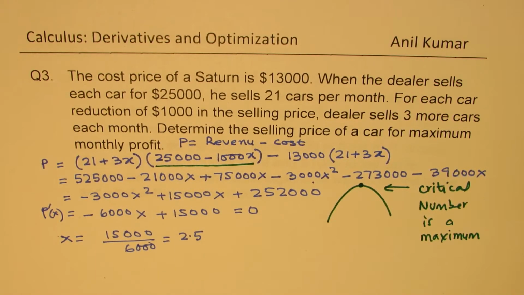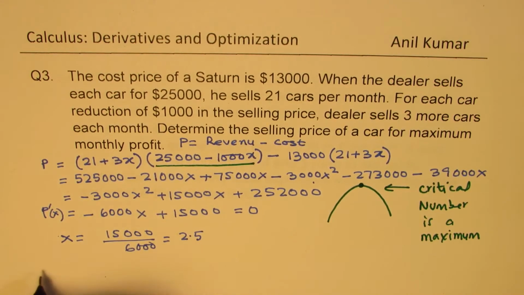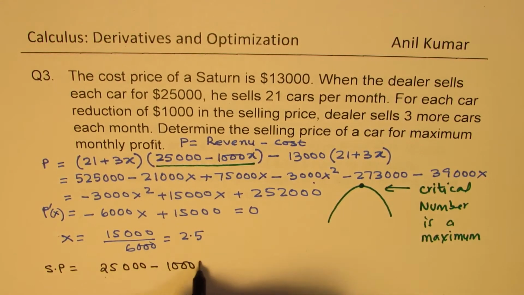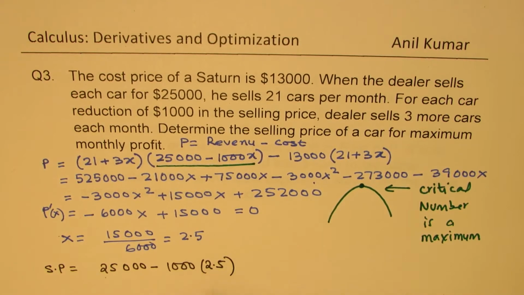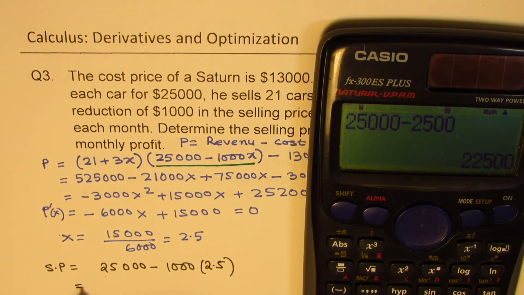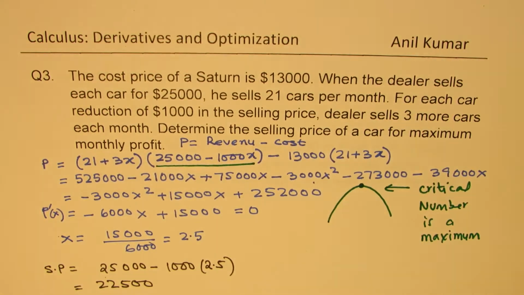So now we'll find the selling price by placing x as 2.5. So the selling price will be 25,000 minus 1,000 times 2.5. Correct? So let's do it. So we have 25,000 minus 2,500, which is 22,500. Correct? So that becomes the selling price.